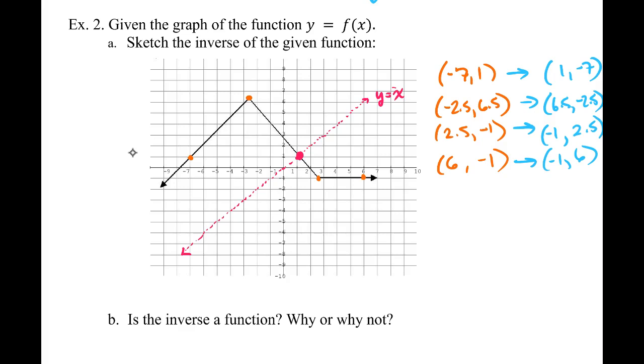So when I go to graph this, I go (1, -7), (6.5, -2.5-ish), (-1, 2.5). Remembering my invariant point is still exactly that, so I can put that in there as well, and (-1, 6).